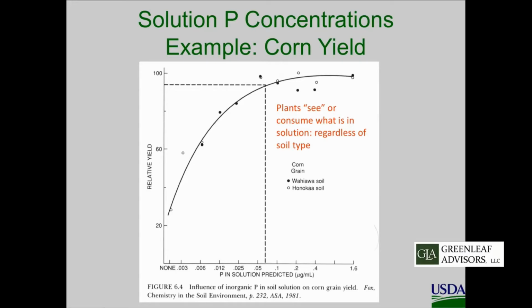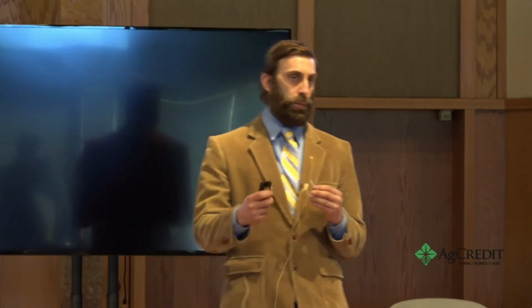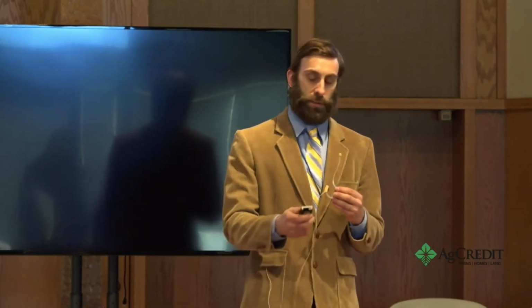It doesn't matter soil conditions. Plant roots see the phosphorus that's in solution. That's what controls it. That's why it's universal. There are two different soil types plotted up there, but they all fall on the exact same line. You probably can't see any of these slides at all. I don't even know why I bother turning around and pointing at them. The solution phosphorus concentrations with regard to plant response, it's universal. It doesn't matter what the soil type is, doesn't matter where it is.